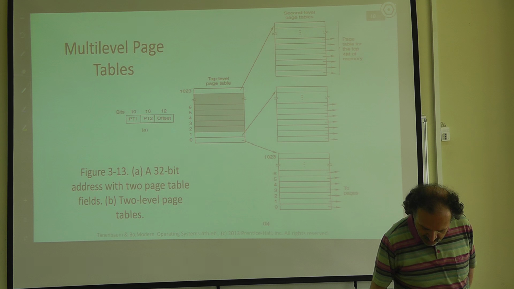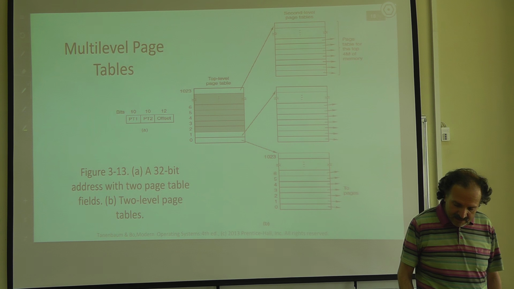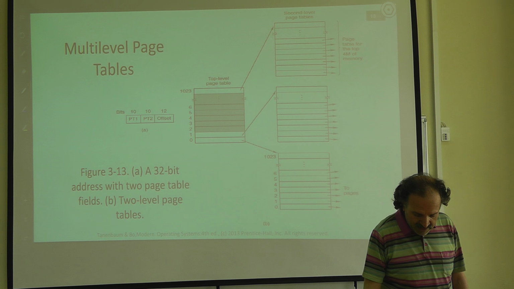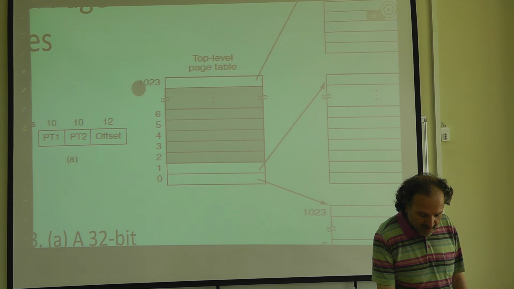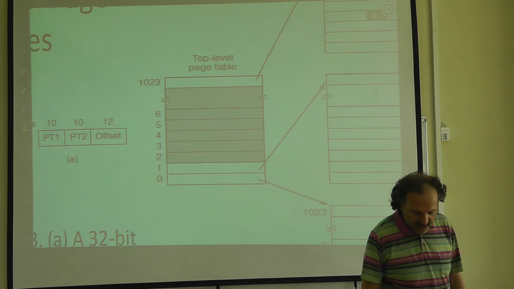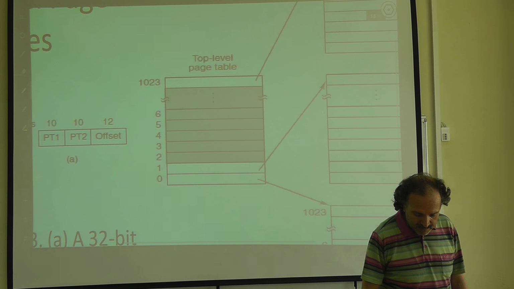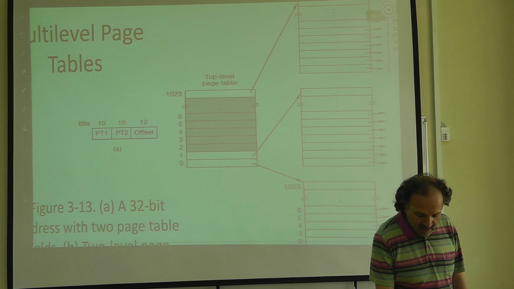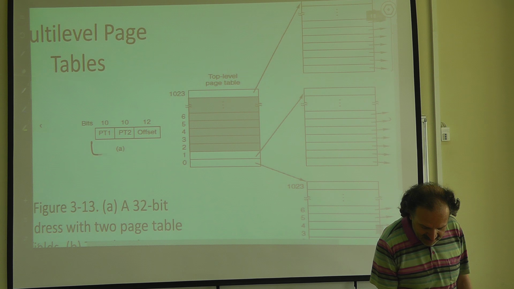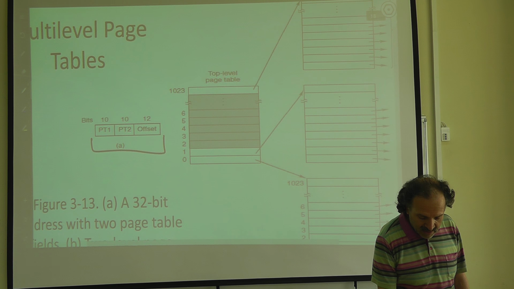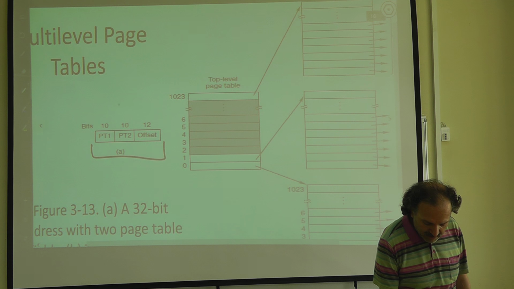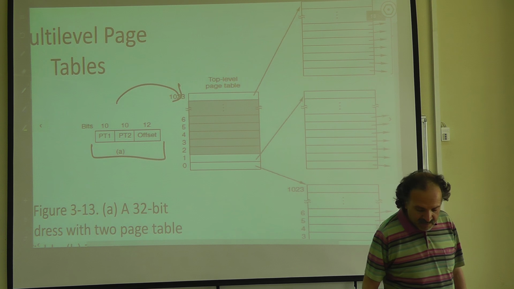Let me show it to you using a figure. At the top level, in this case, I have 1K page table entries. My virtual address is like this. This is the offset into the page table, and this is the offset for the top level page table.